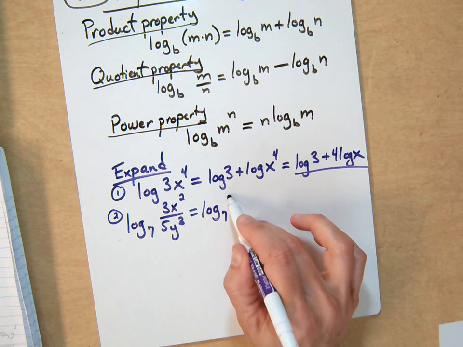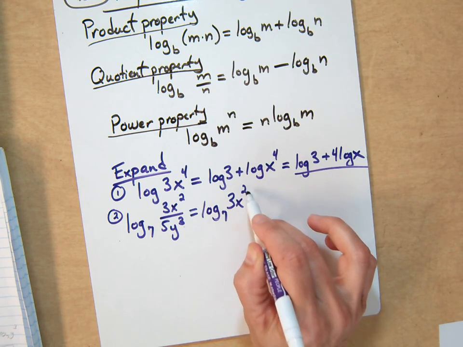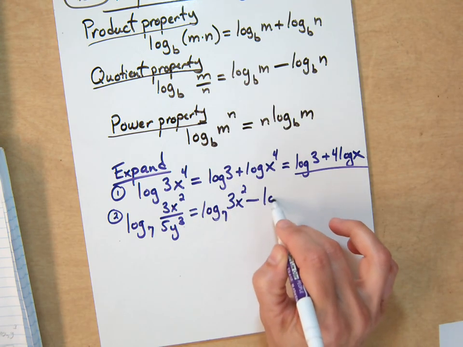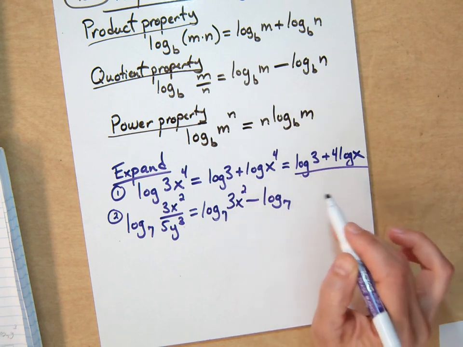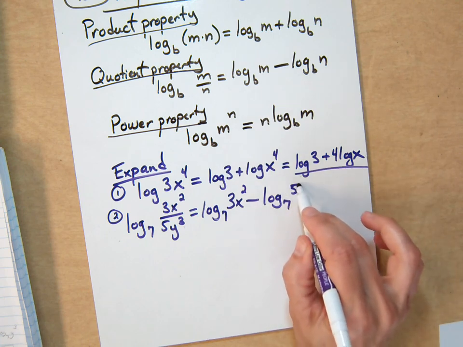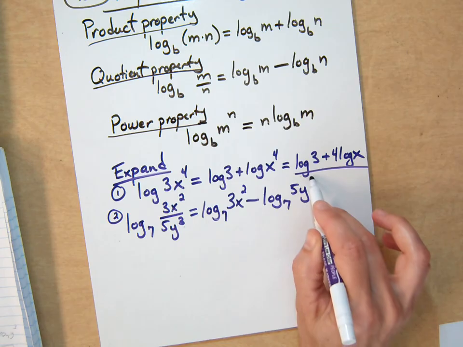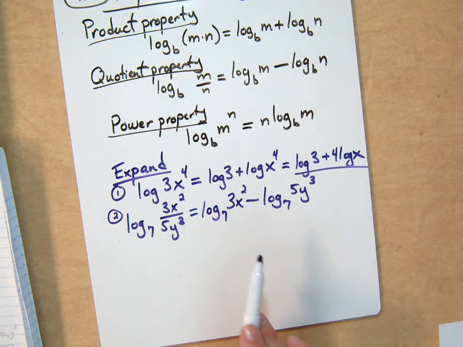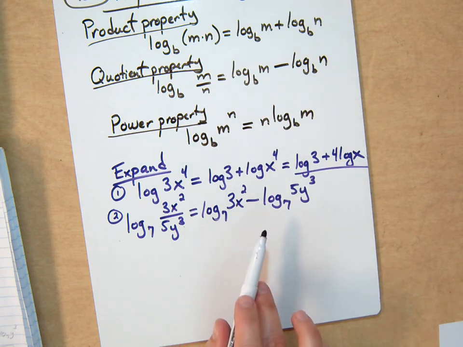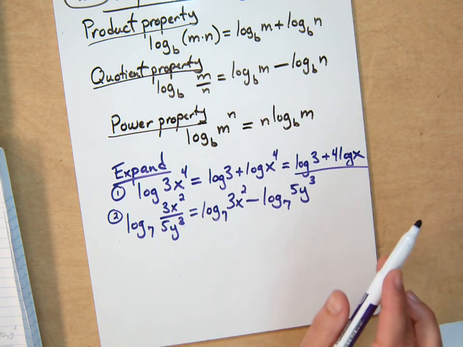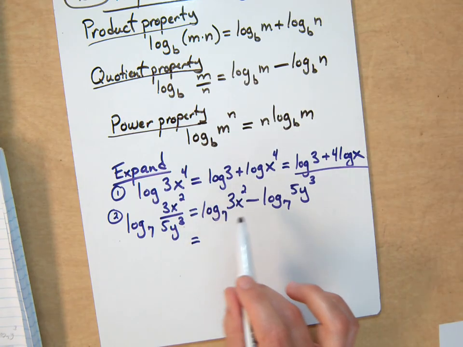So it's log base 7 of 3x squared minus log base 7 of 5y cubed. What property did we just use to go from this to that? Good, quotient property, nice.